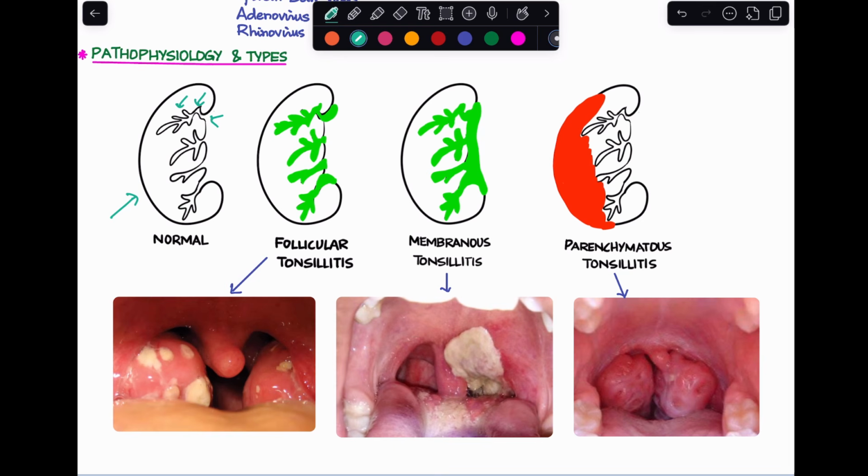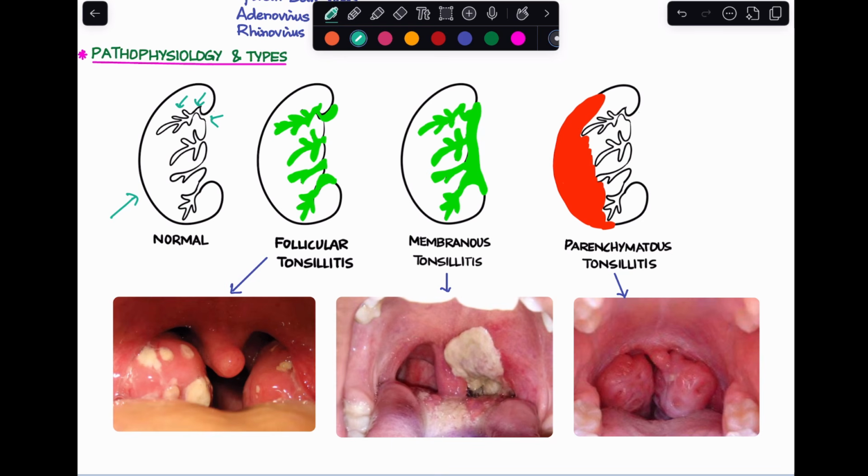Now, the process of inflammation itself starts within the tonsil, and then it is accompanied by some hyperemia as well as edema. You know that there are lymphoid follicles within the palatine tonsil. So we know that the palatine tonsil forms a part of Waldeyer's ring.